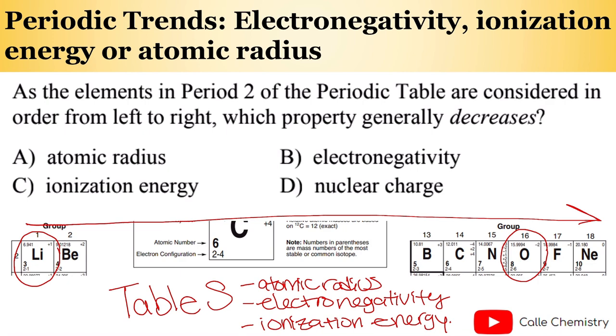So compare the number you have for lithium and the number you have for oxygen and go from there. Because if you look at every single number, you're going to easily be overwhelmed.